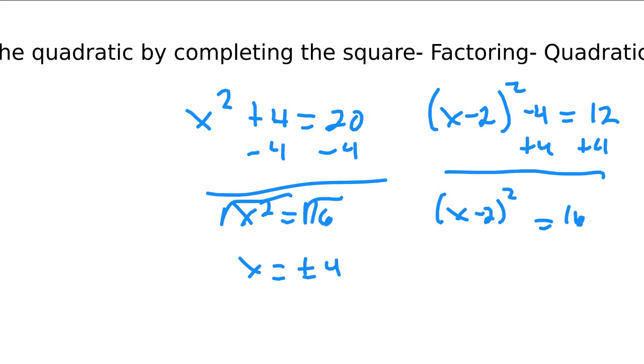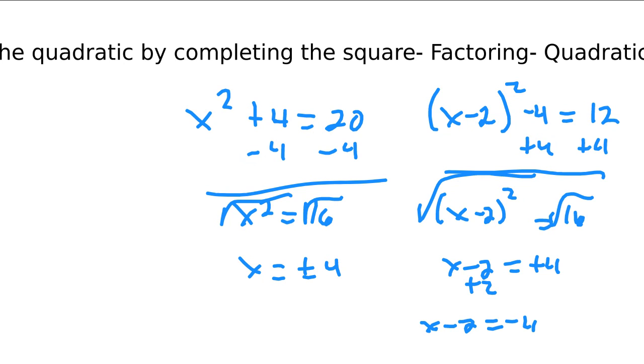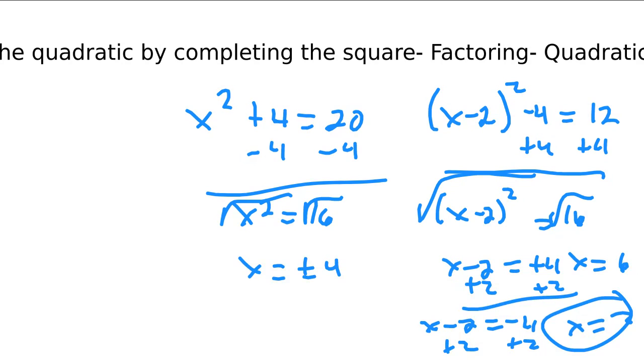So now I can take the square root. Then I end up with x minus 2 is equal to positive 4, or x minus 2 is equal to negative 4. And again, I can solve by adding 2 to both sides, so x equals 6. Or x equals negative 2. So that's another way. When you don't have a middle term, you can use this method to solve.